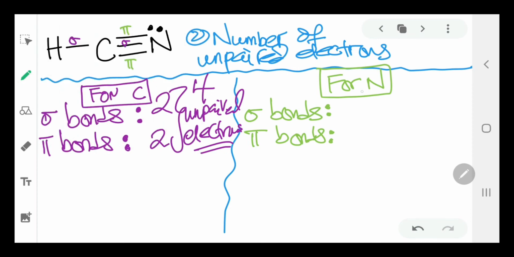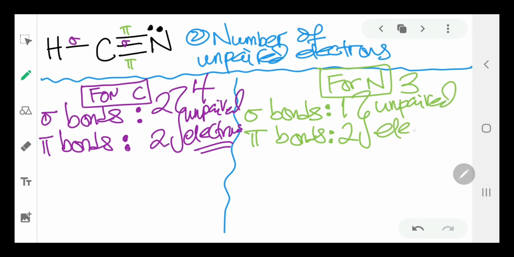Right here for nitrogen, you have 1 sigma bond and 1 and 2 pi bonds. So you need 1, 2, 3, so you need 3 unpaired electrons.